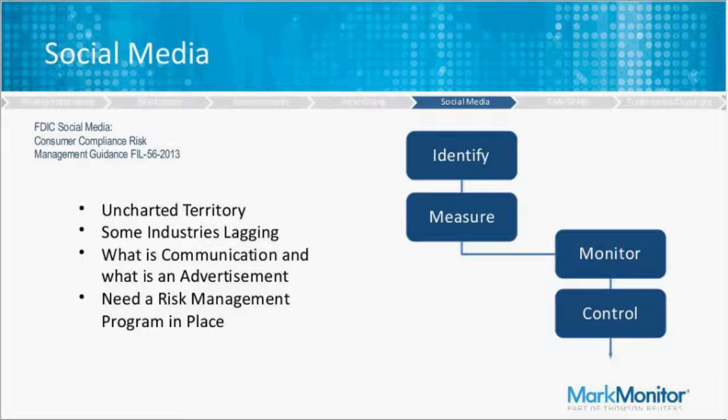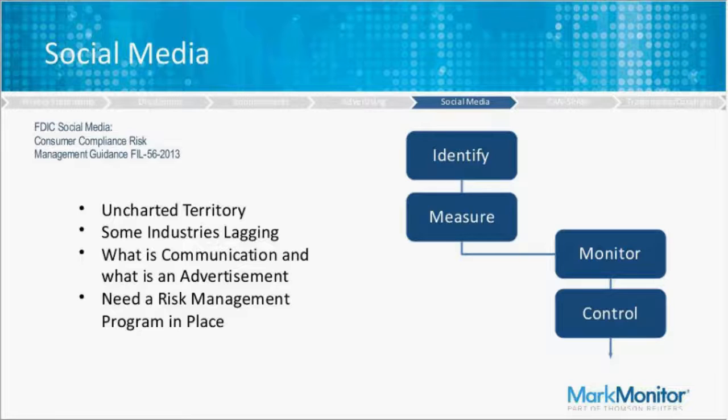The FTC is a little bit ahead, so that's more the banking side. They're a bit ahead of, let's say, the insurance side when it comes to issuing guidance. I pulled this from the FDIC Social Media Consumer Compliance Risk Management Guidance, and they offer advice on the main things you need to have.